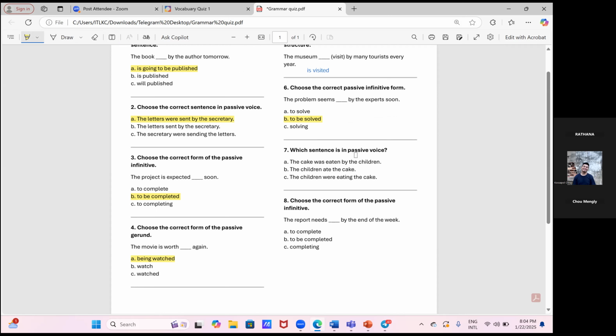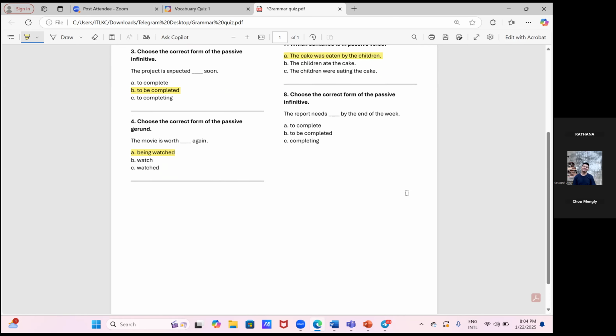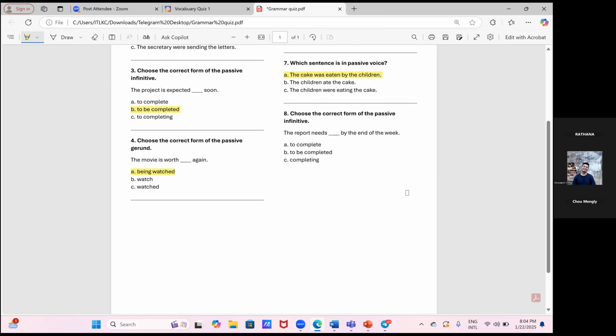I think letter A. The last one: passive infinitive again, the same as before. Needs to be completed.